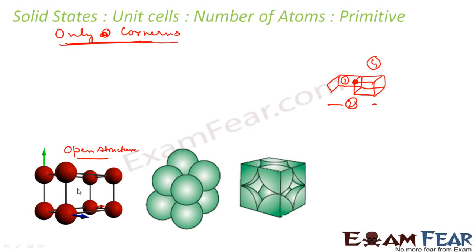This is not how a unit cell will look when you see a real crystal, let's suppose sodium chloride, using X-ray diffraction. In that case, everything will be overlapping, and it won't be a spherical shape either. It is just an open structure, not an actual structure.